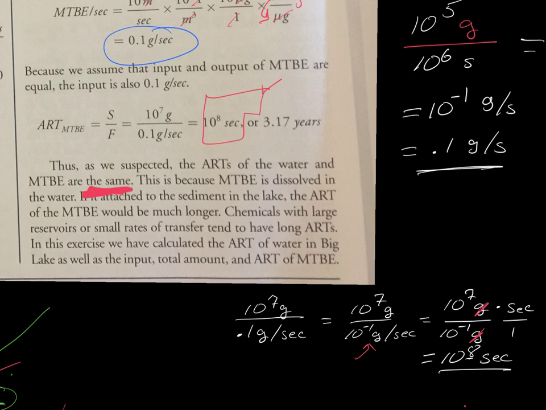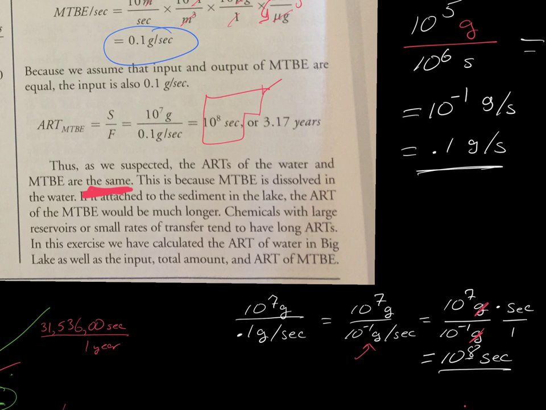Yay. And if you did a conversion of seconds to years, you can look at page 48 in the book, and you can see that we have 31,536,000 seconds in 1 year.